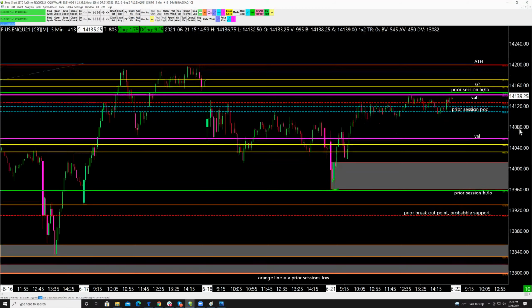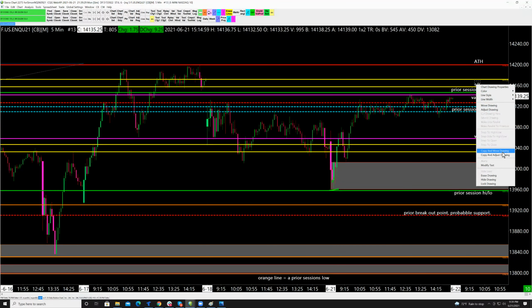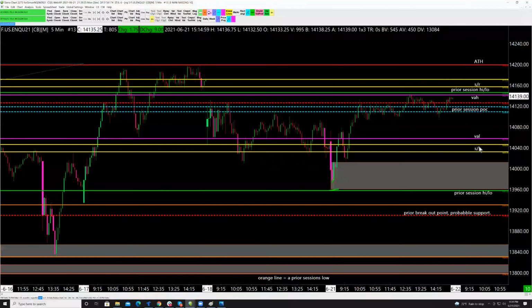All this is just getting cracked over its own head. Copy and move drawing. Support resistance. The yellow zones at the end of the day are what I care about the most, right? Orange lines are prior sessions lows and highs as well, for that matter, that have been untested. They're great trap points, and the gray areas are the single prints, and that pretty much makes up our chart.